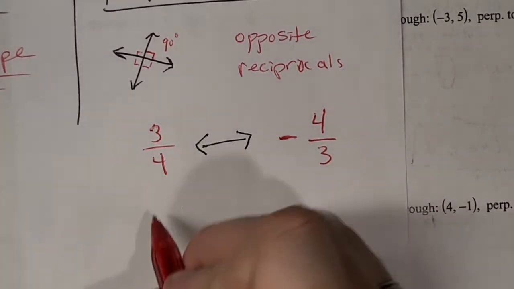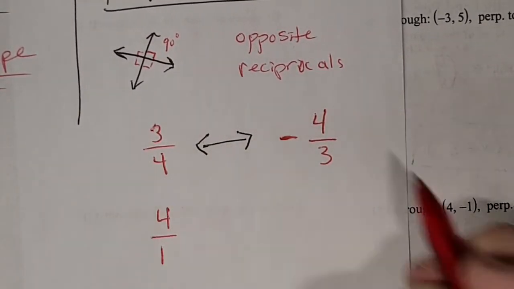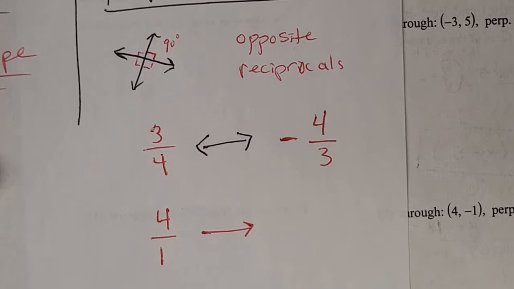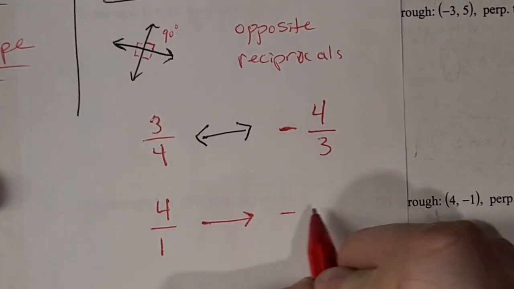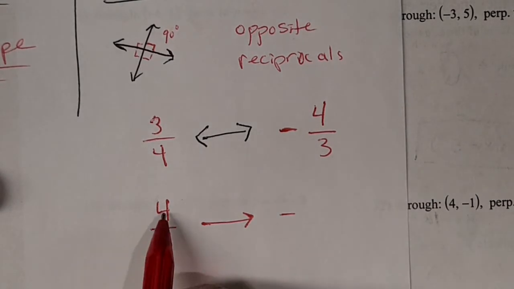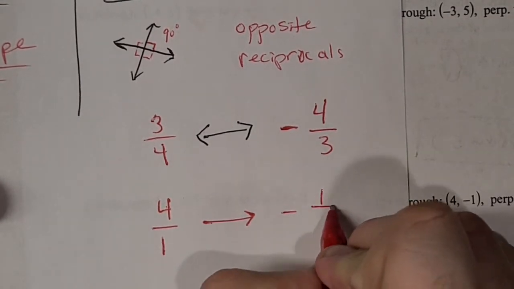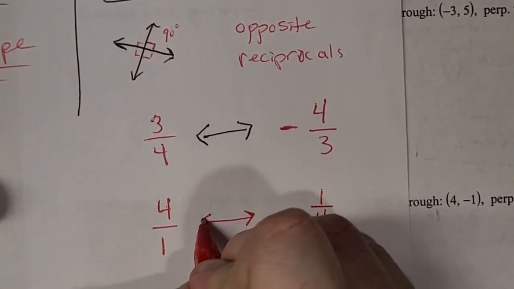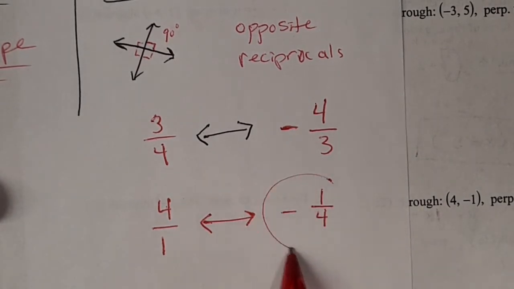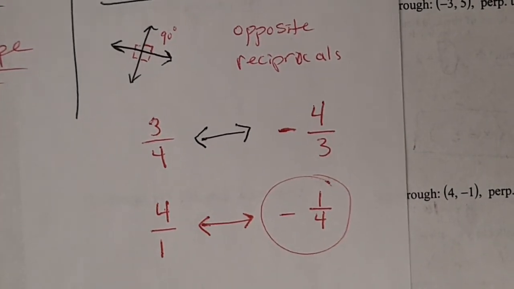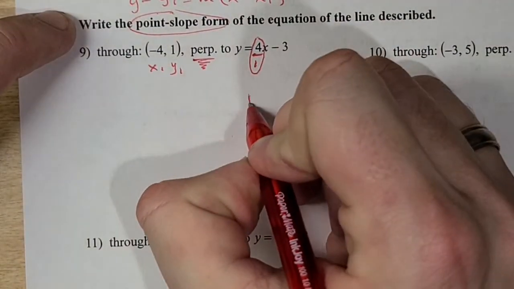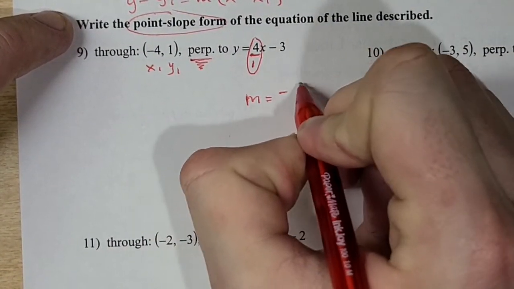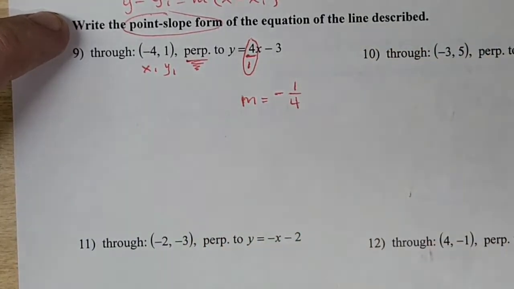So, if we say 4 over 1, if I want the opposite reciprocal, well, this is positive, therefore my other slope is going to be negative. Then instead of 4 over 1, I'm going to put 1 over 4. This would be a perpendicular slope. So I'm going to write that down off to the side. The slope of my new line is going to be a negative 1 over 4.